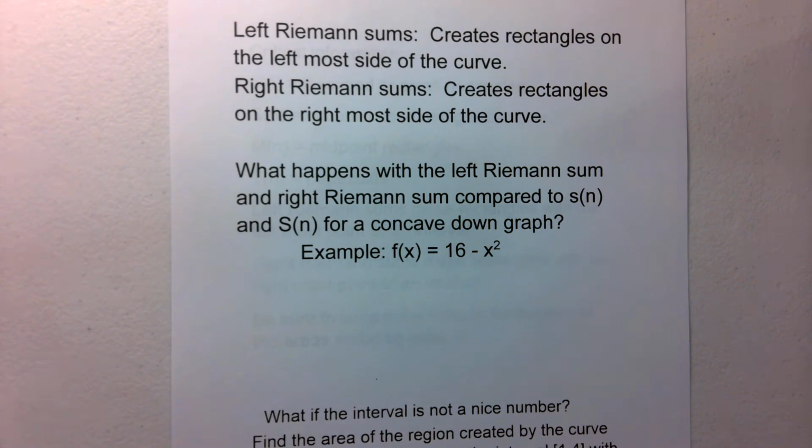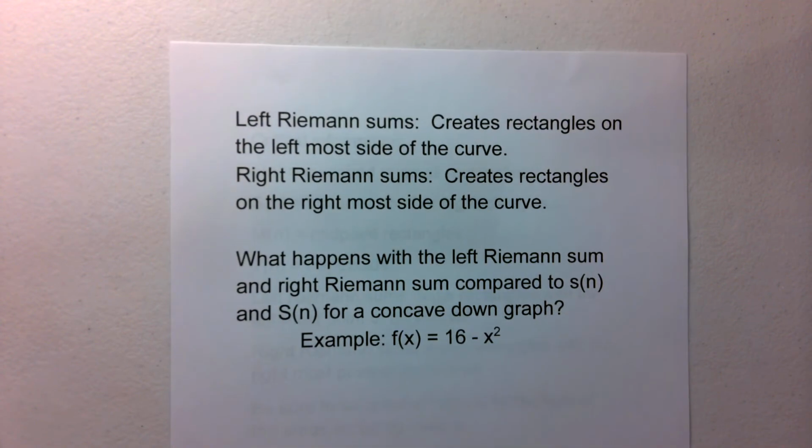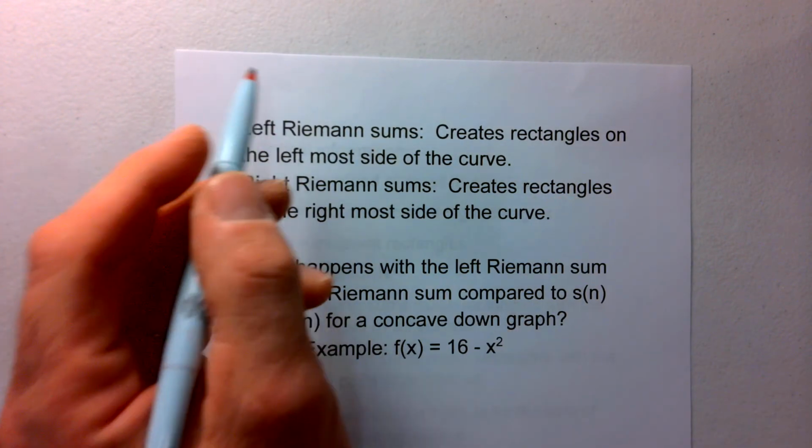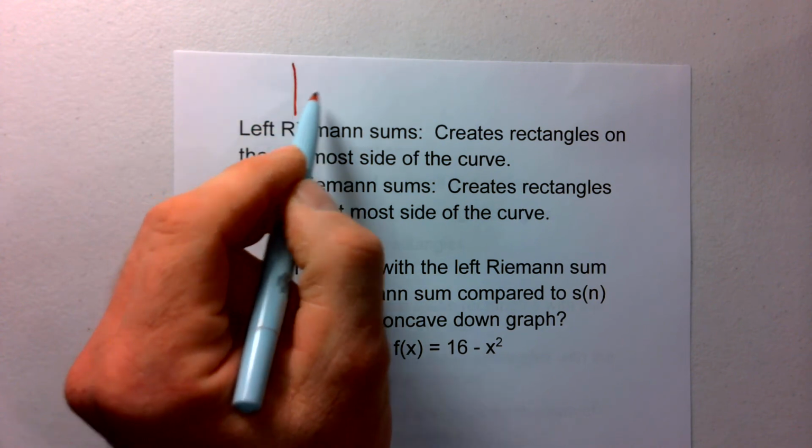Now what I want to do is talk about left Riemann sums versus right Riemann sums, and what happens when we talk about these versus our inscribed, circumscribed, midpoint, and trapezoidal methods. The left Riemann sum is going to create rectangles on the left side, which we noticed in that calculator.